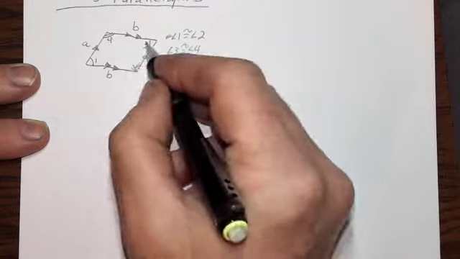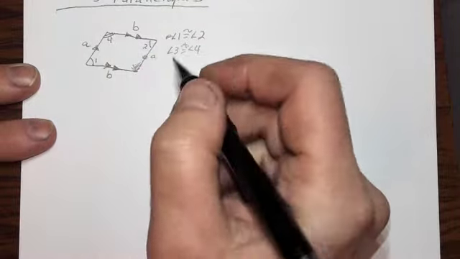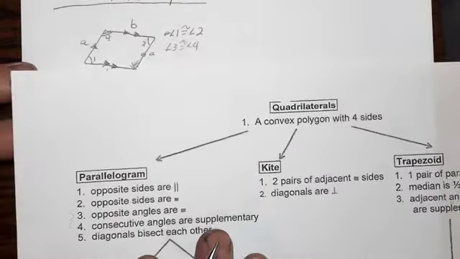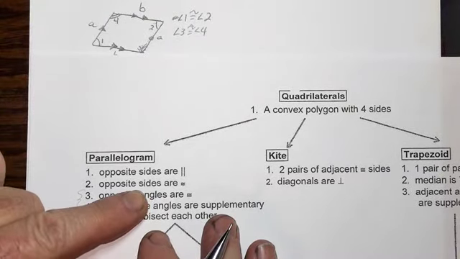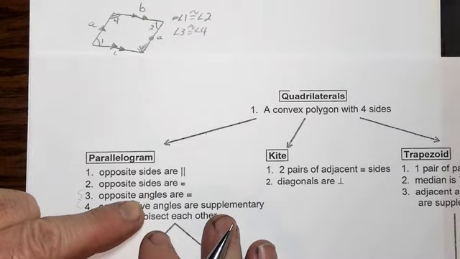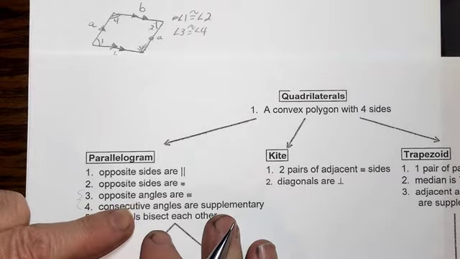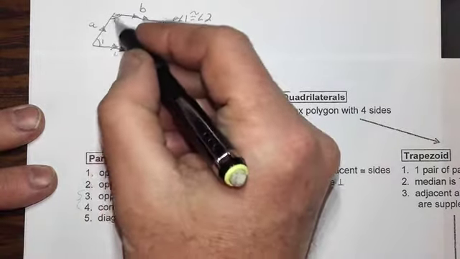Opposite angles are congruent. So we've covered those three things: opposite sides are parallel, opposite sides are congruent, opposite angles are congruent.